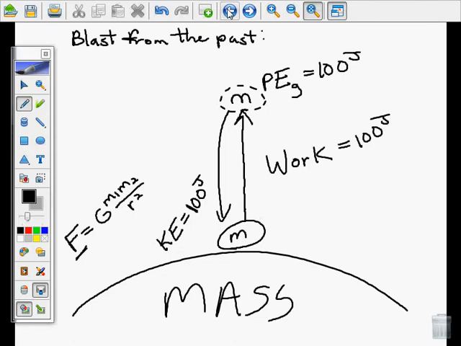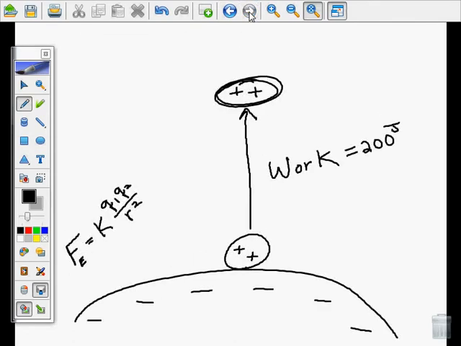So this time, it's going to have potential energy due to electric forces, exactly. Or sometimes it's called electrical potential energy. So now that you raise that charge up here, it's going to have potential energy, not due to gravity, but due to the electrical field, the electrical attraction between the two. And how much potential energy will it have up there, Jacques? 200 joules. That's what I'm talking about.